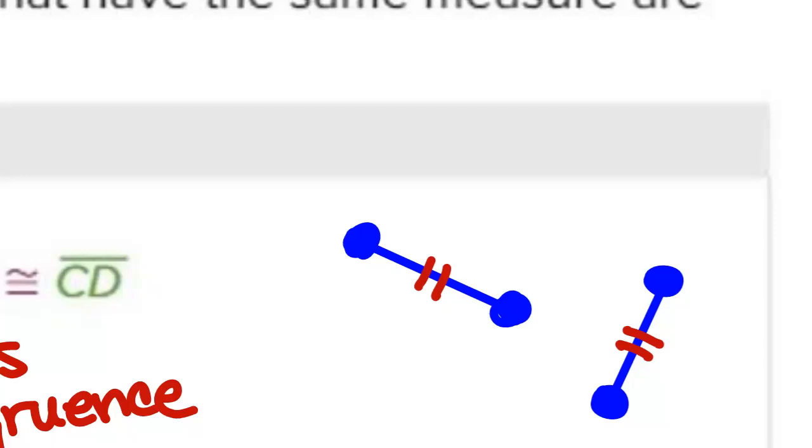So if this has 2 tick marks and this one has 2 tick marks, I'm saying they are the same size. Over here we have 1 tick mark and 1 tick mark, so those are the same size. And then this symbol right here, an equal sign with a squiggle over the top, that's our symbol for congruent.